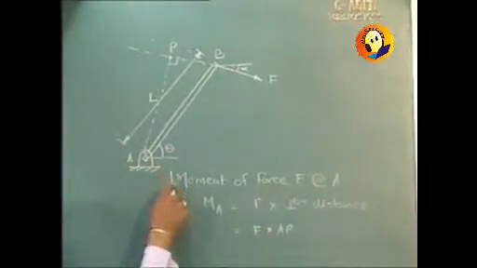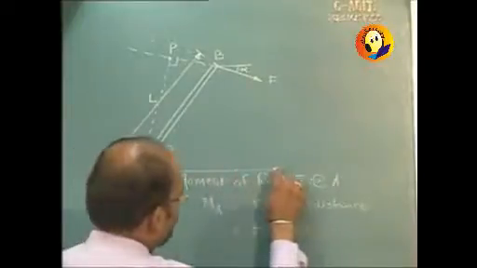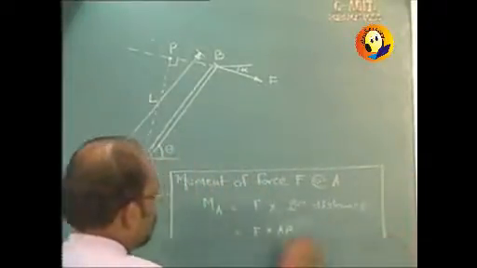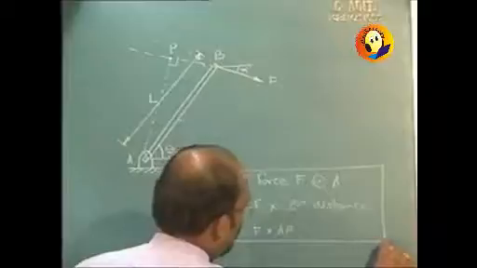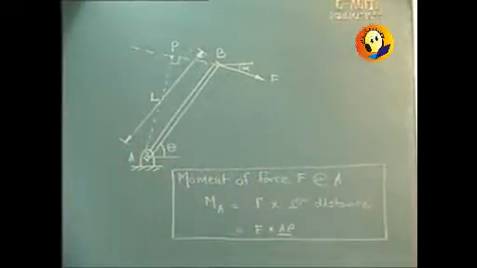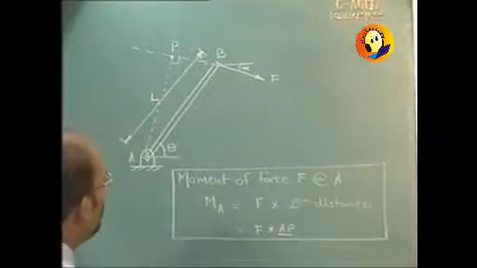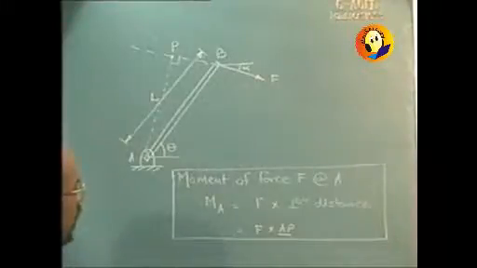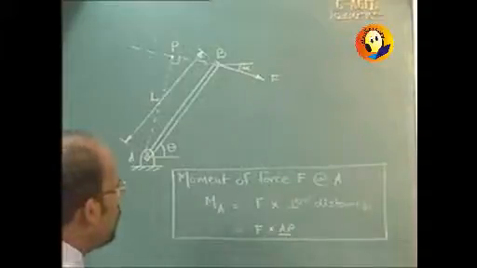But finding moment in this manner will be a difficult task, because we are required to find the distance AP as such. Instead of that, we can go for finding the components of force F and then try to find the moment.